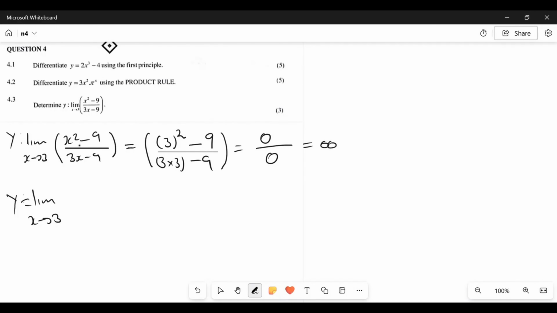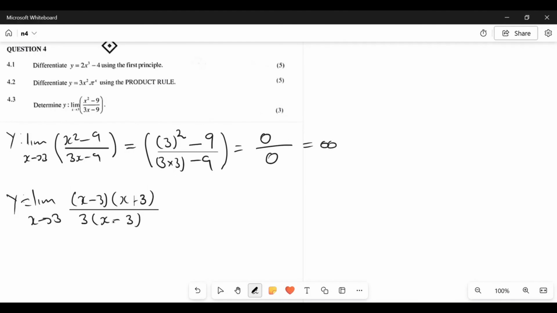Now, if you look at the numerator there, we have the difference of 2 squares, guys. So the difference of 2 squares is going to be x minus 3 and x plus 3 when you factorize it. And then underneath there, we have the common factor, which is 3. If you take out 3 as a common factor, we're going to be left with x minus 3 there.